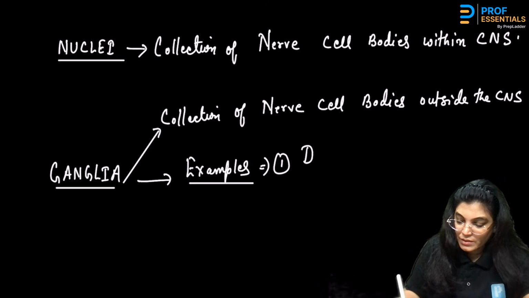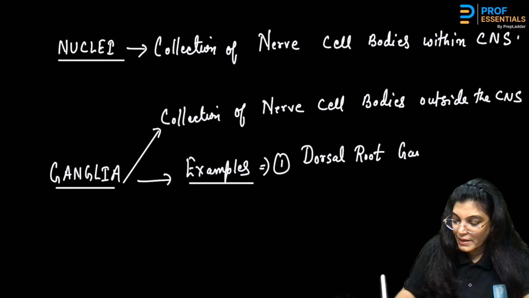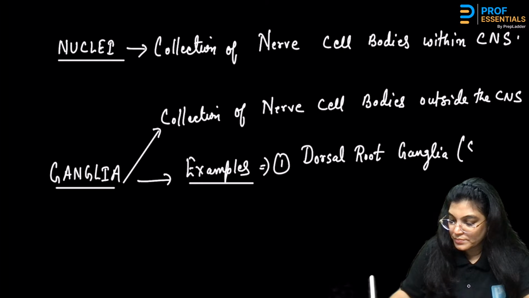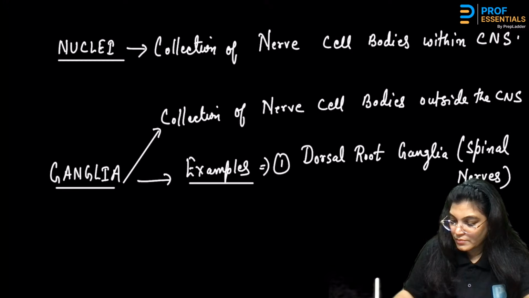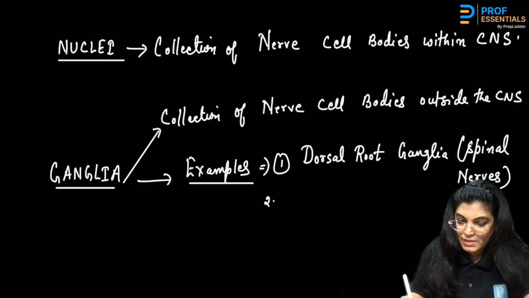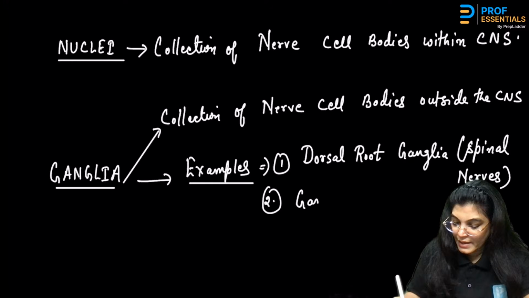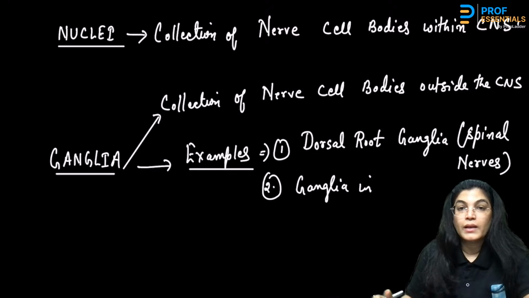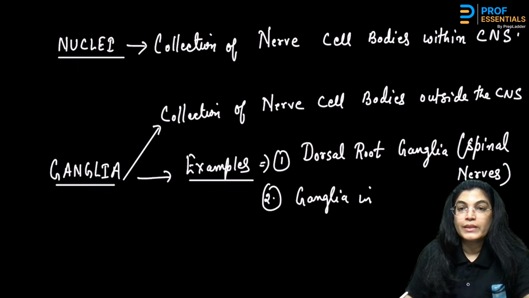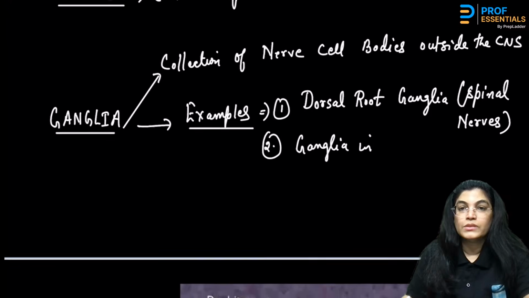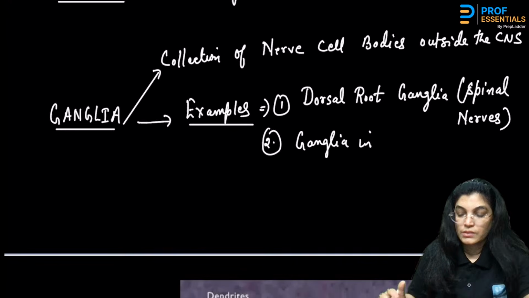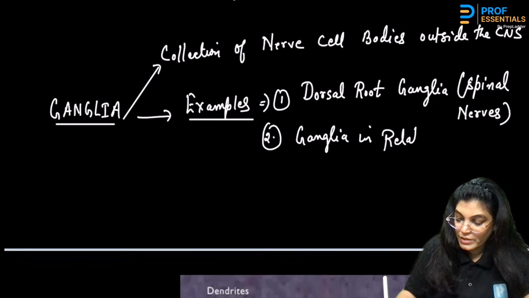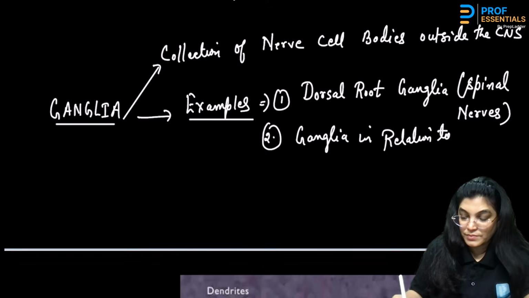That is dorsal root ganglia of spinal nerves, and the second is also the ganglia in relation to cranial nerves.